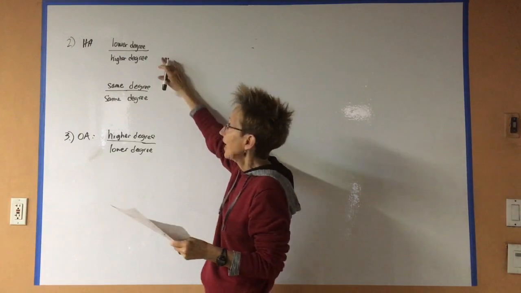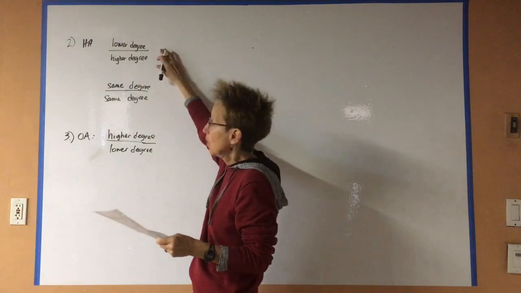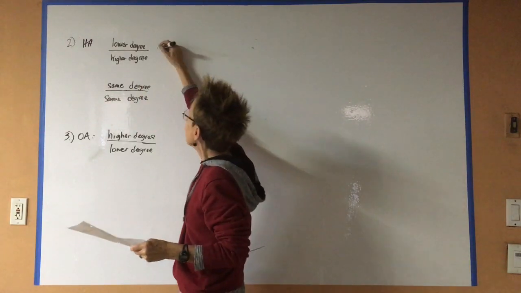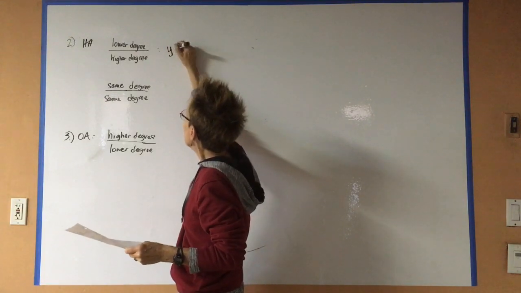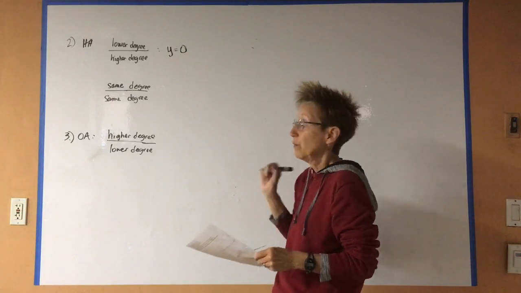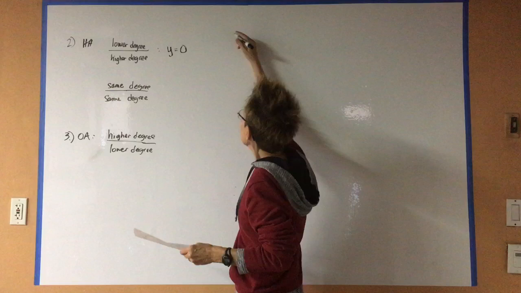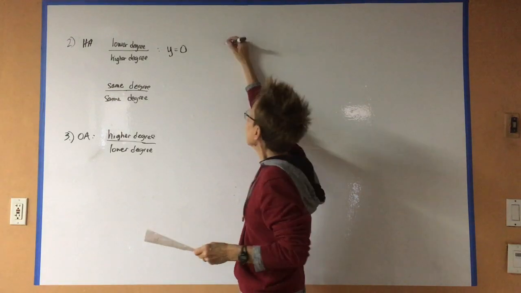How do we figure out what the actual equation is of the HA or the OA? If it's lower over higher, then I'm going to tell you that y equals 0 is the HA. So the HA will be y equals 0. Automatically, right away. No other answer for that.